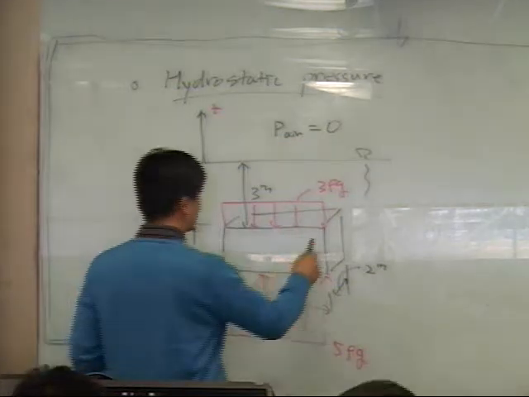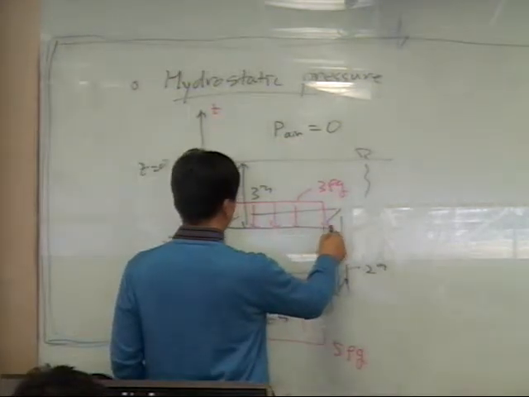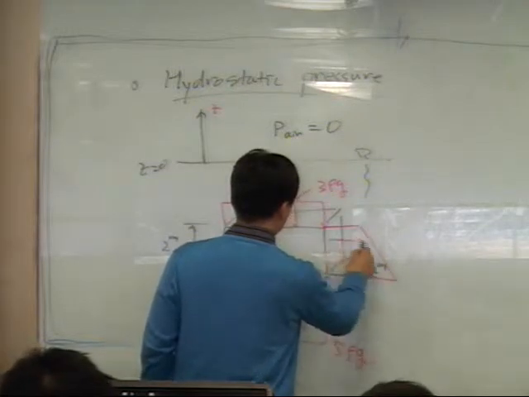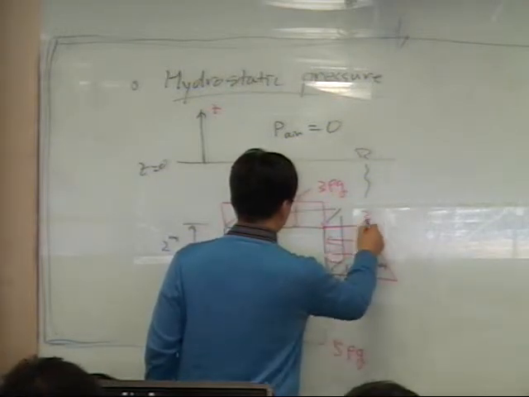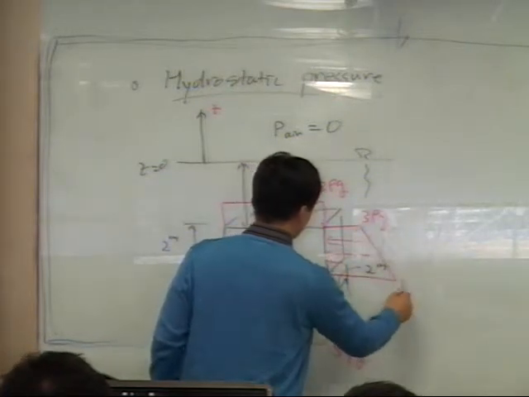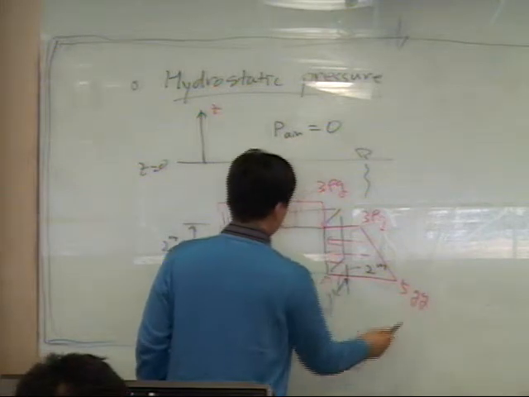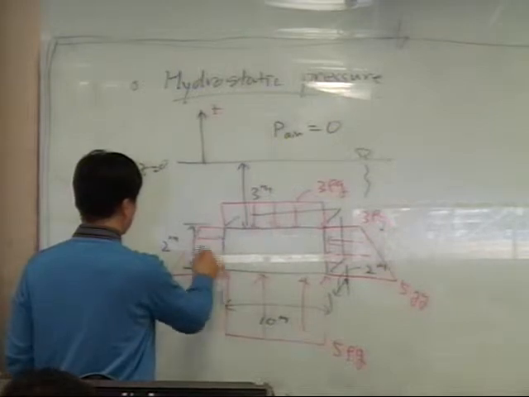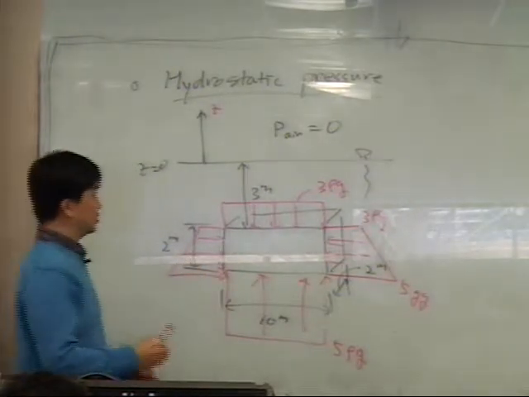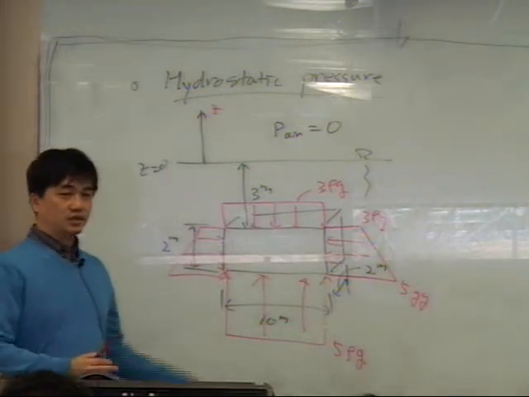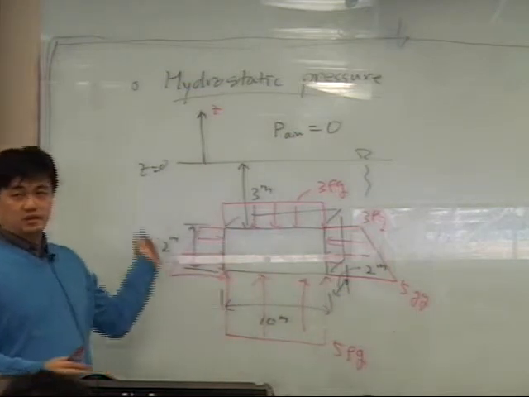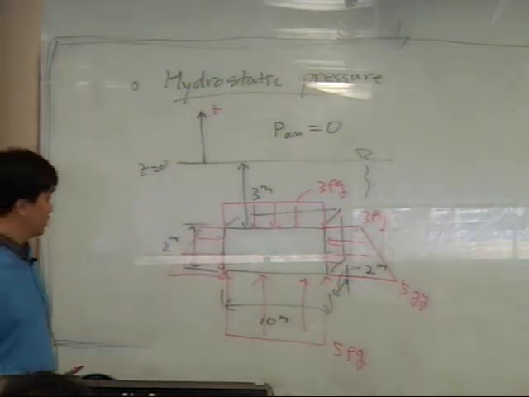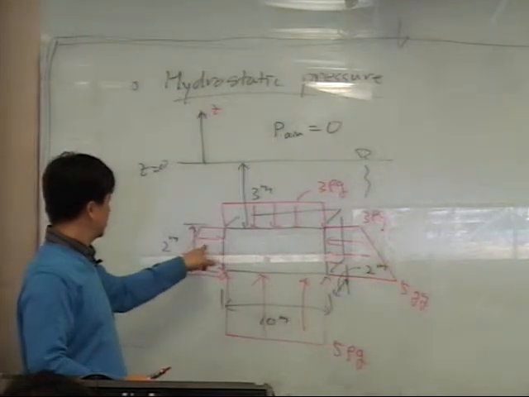And how about at the side? Here 3 rho g, and here 5 rho g. Okay, same here also. This is hydrostatic pressure. Let's sum all of these forces.